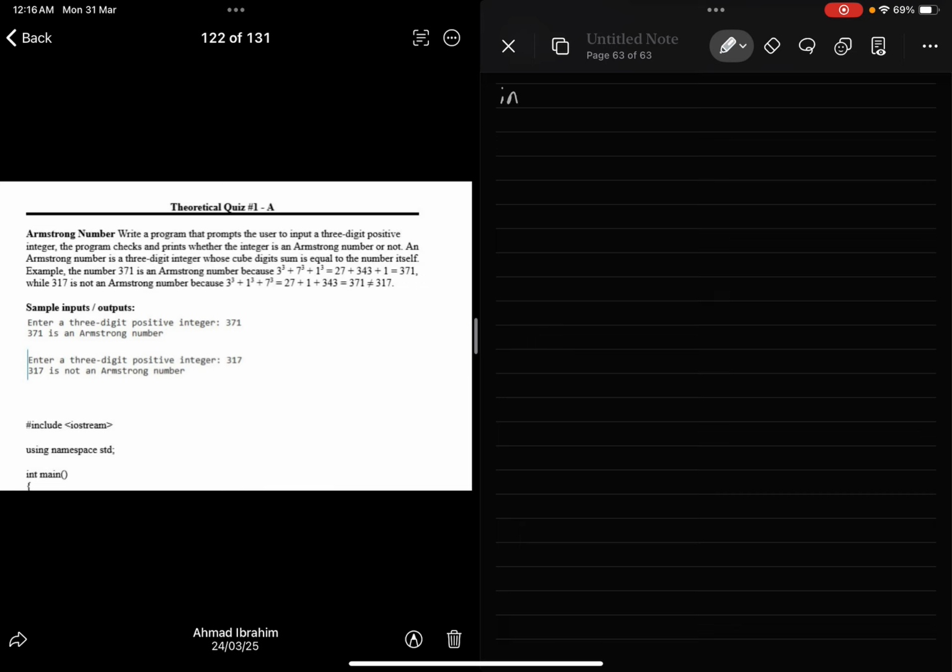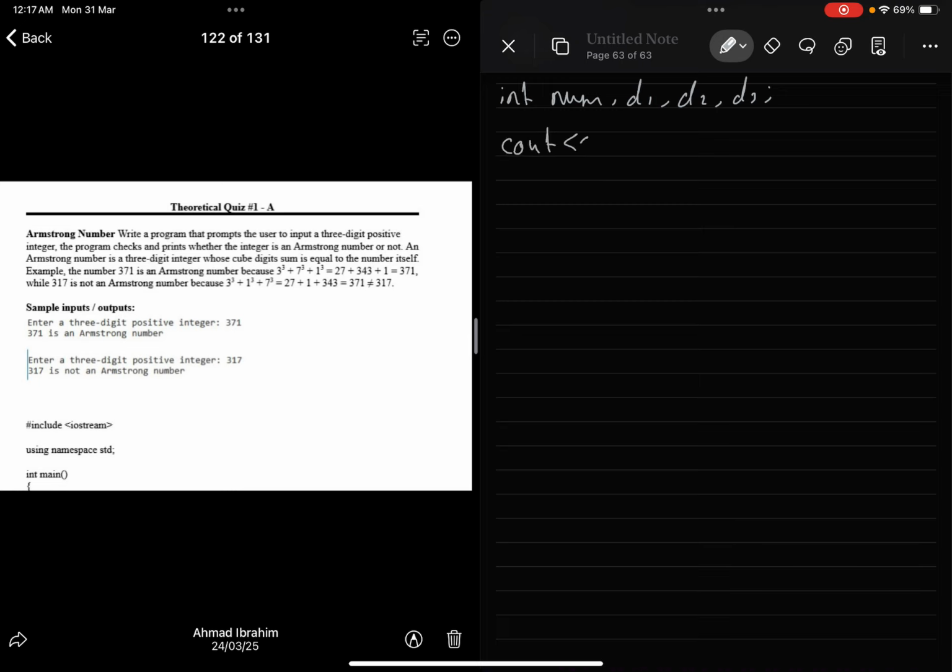So here first we have to declare numbers. We have num, which is 371, and we have D1, the first digit, D2, the second digit, and D3, the third digit.